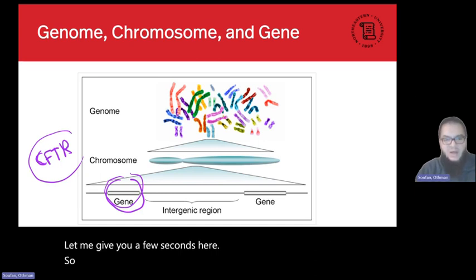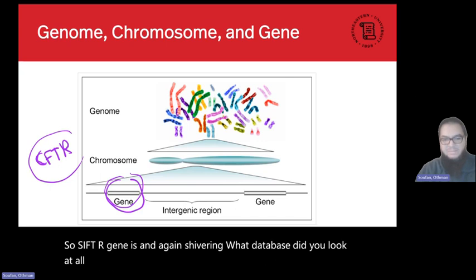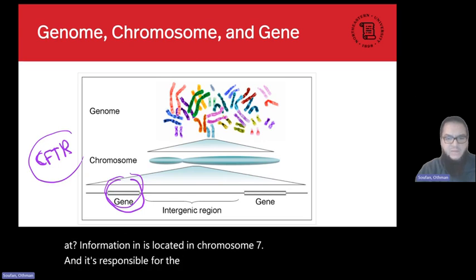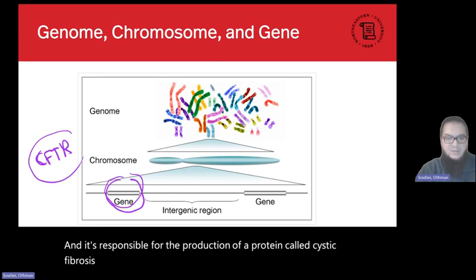So the CFTR gene is, and again, share with me what database you looked that information up in, located in chromosome 7. And it's responsible for the production of a protein called the cystic fibrosis transmembrane conductance regulator.